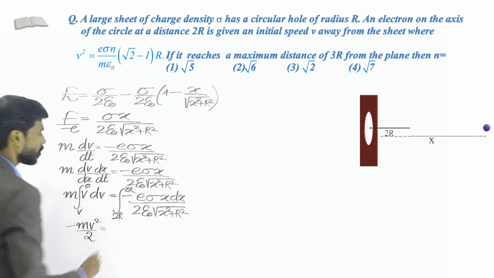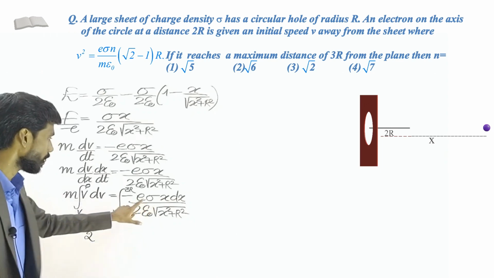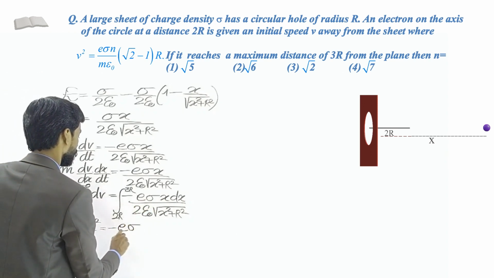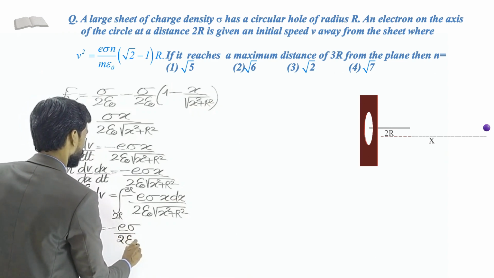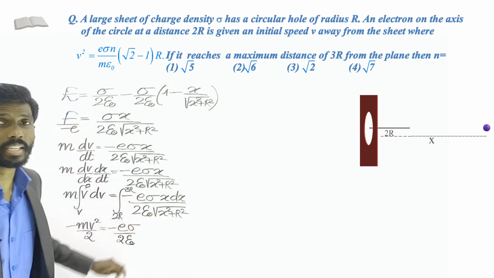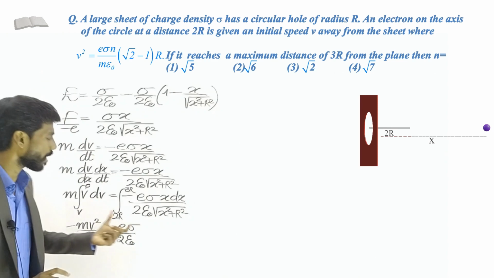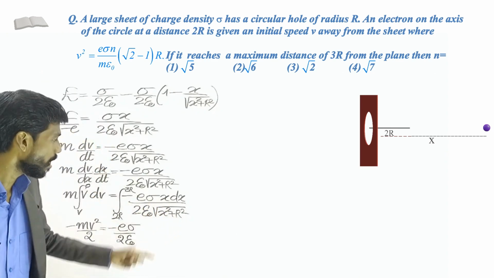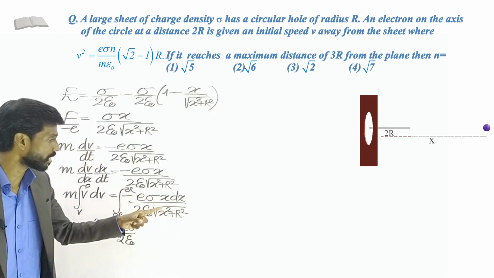So that equals, these are all constant values, you can take them out: minus e sigma divided by 2 epsilon 0 multiplied by the integral. The actual method is to take x squared plus r squared as t, by the substitution method, because the derivative of that is 2x dx, and x dx is already there.